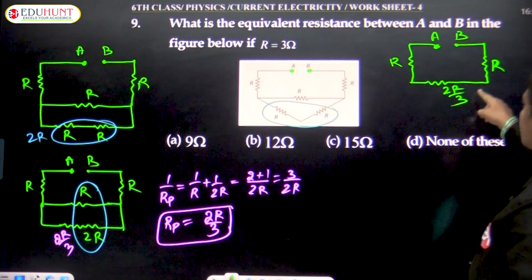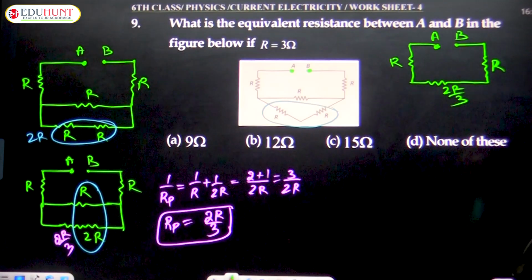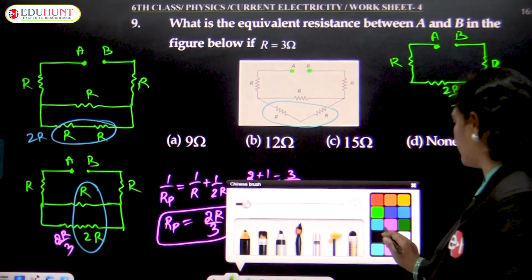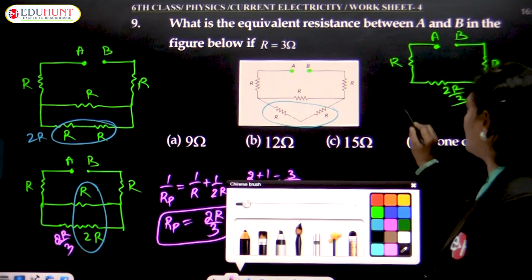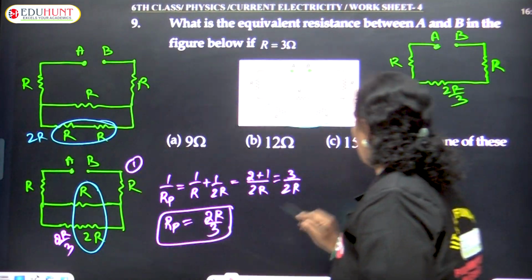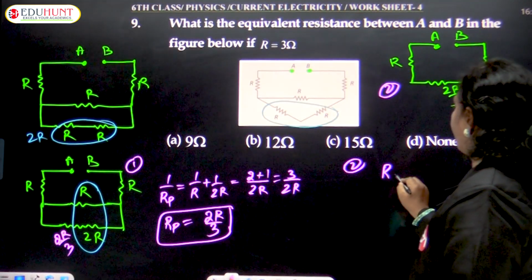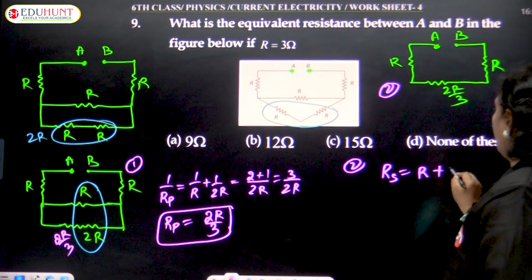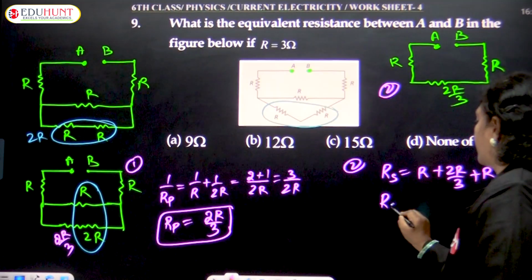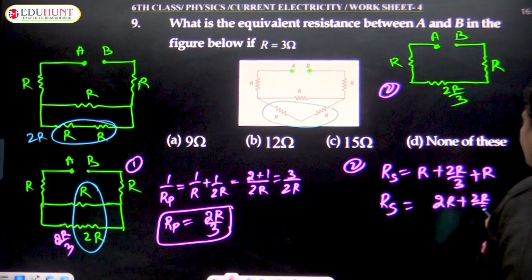When three different resistors are connected in series, to get the combined effect we have to add the 3 resistors. Let this be case 2 and here this be case 1. So this first case I solved, and after solving the second case, the effective resistance is R plus 2R by 3 plus R, or it can also be written as 2R plus 2R by 3.